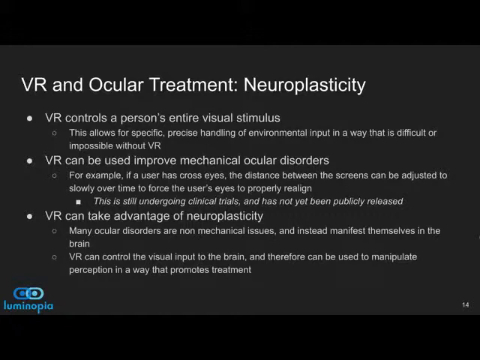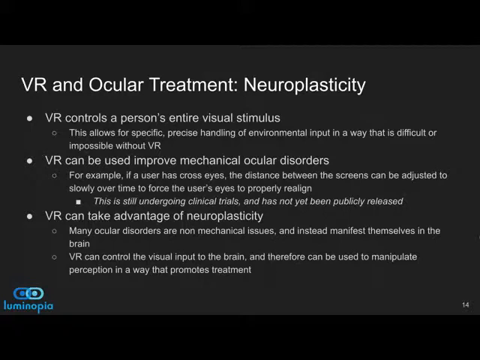So I'll be working on a case study through this talk of VR as applied to eye or ocular treatment, because that is what the startup I'm working at is currently working on and running clinical studies with. So one of the most awesome things about virtual reality is that you totally control a person's visual stimulus.